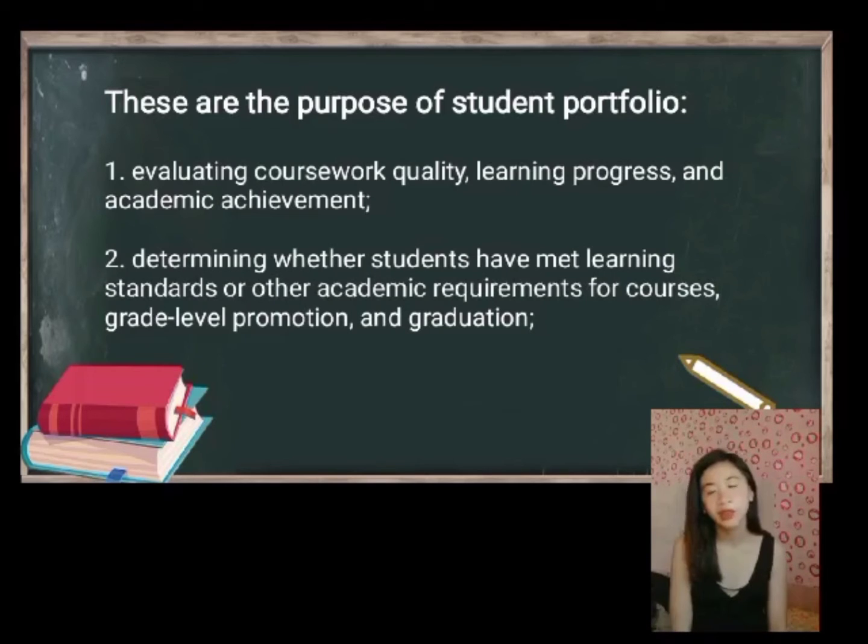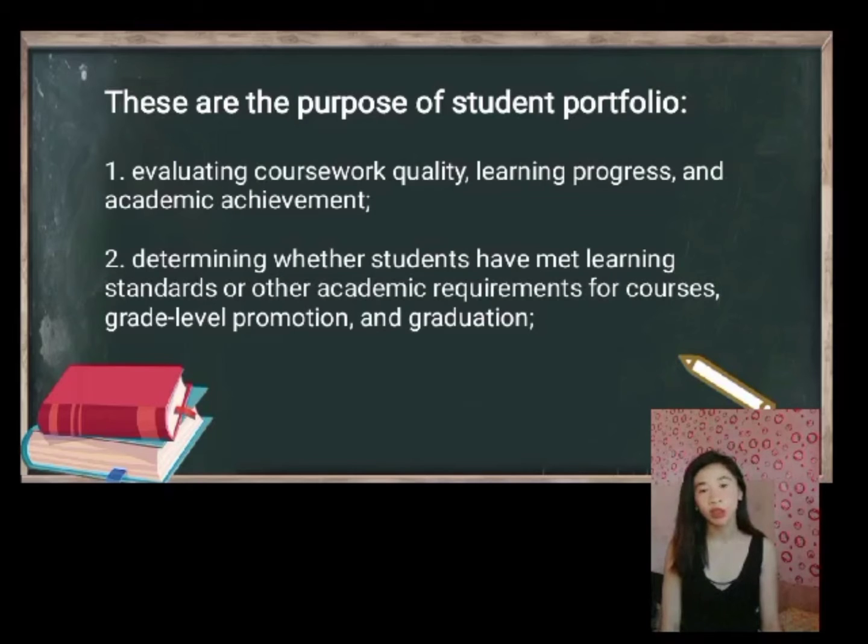In learning progress, it implies that learning is a process of increasing difficulty and complexity rather than a body of content to be covered within specific grade levels. Academic achievement is the extent to which a student or institution has achieved either short or long-term educational goals.